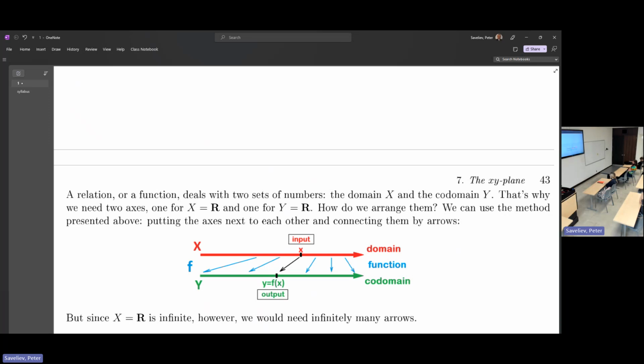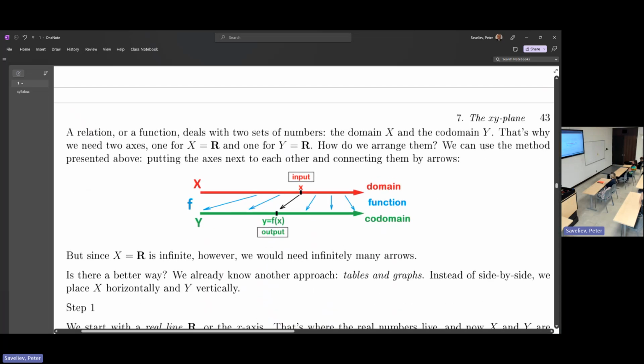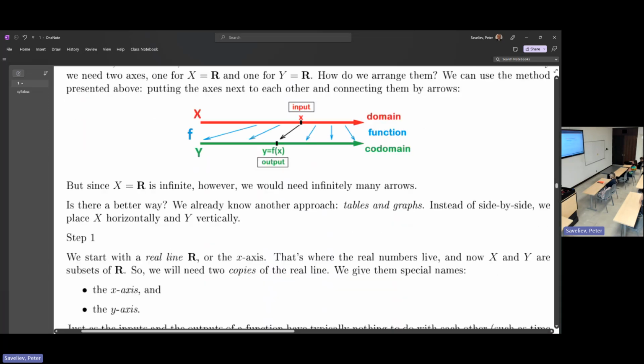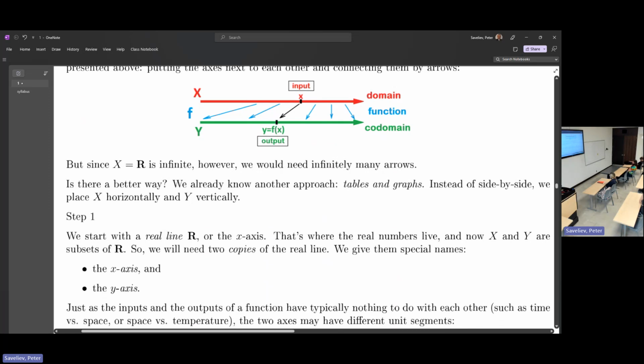But how to visualize it alternatively? We take these two axes and, rather than putting them parallel to each other, we make them perpendicular. That's the only thing. So a different way to visualize a function: the domain and codomain happen to be real number lines, but instead of aligning them as conveniently as before, which emphasizes that we speak of a function and lets you see where x goes, we construct the xy plane.